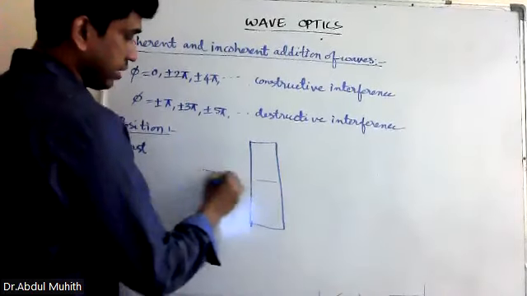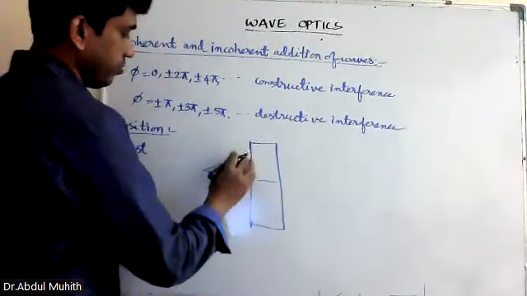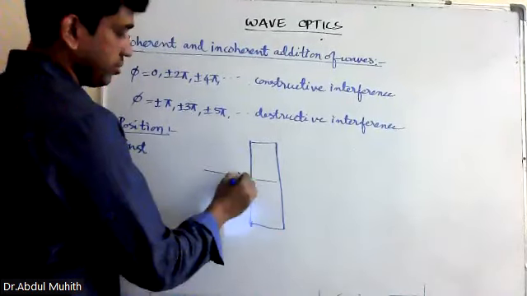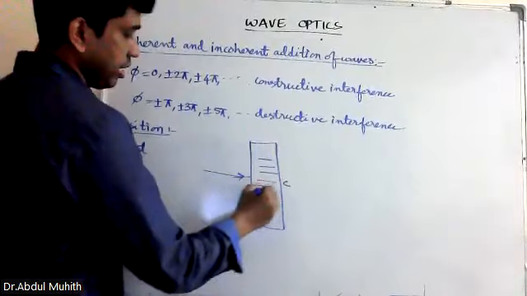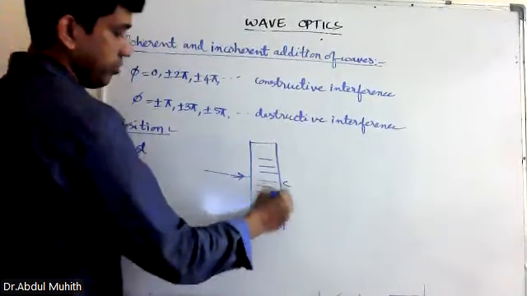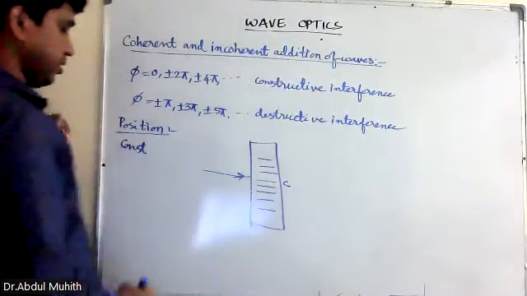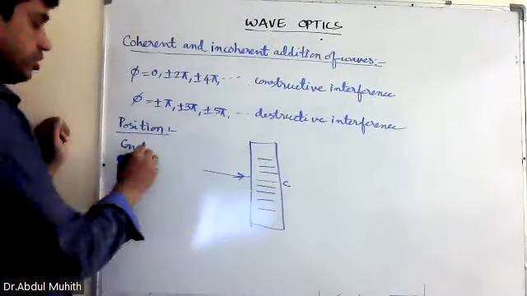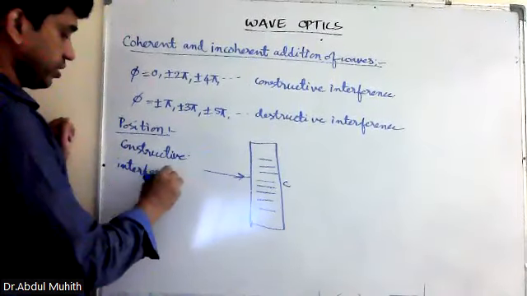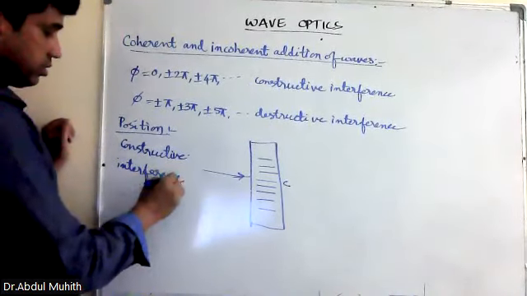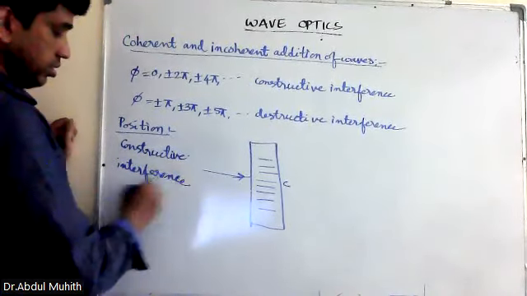This is the central line, and we get lines like this: first, second, third, and first, second, third, like that. Those bright ones are said to be constructive interference, also known as the bright region.